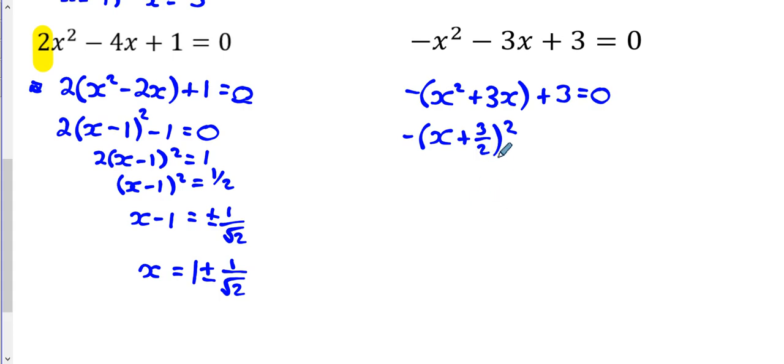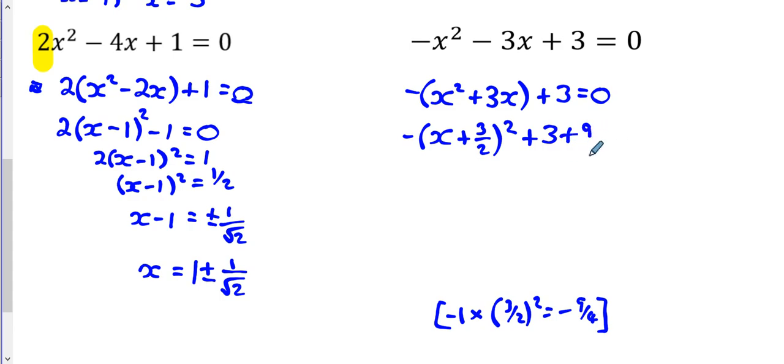Then, as I said before, when you're dealing with negative fractions, it's often easier to leave the 3 there and then deal with what comes out of the bracket by subtracting it afterwards. So out of the bracket, we're going to get a negative 1 times 3 over 2 squared. So that's negative 9 over 4. So we need to get rid of this. So we would add 9 over 4.